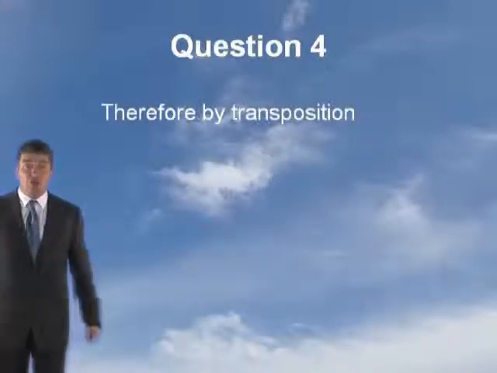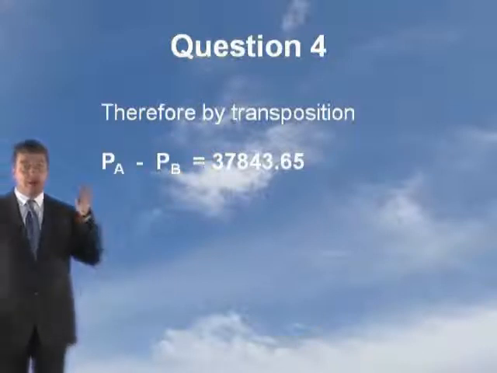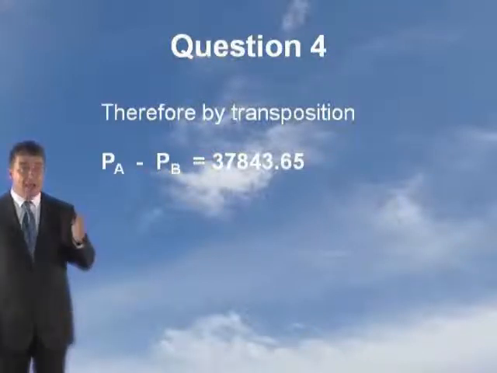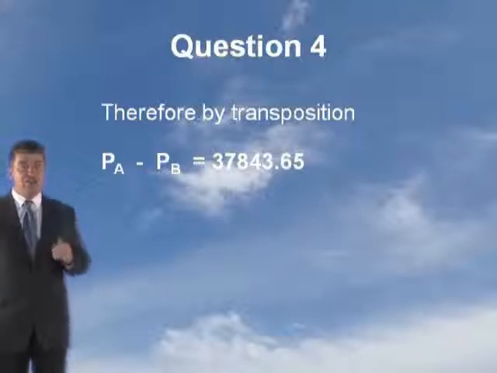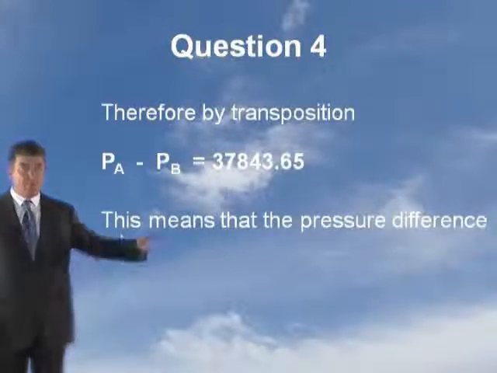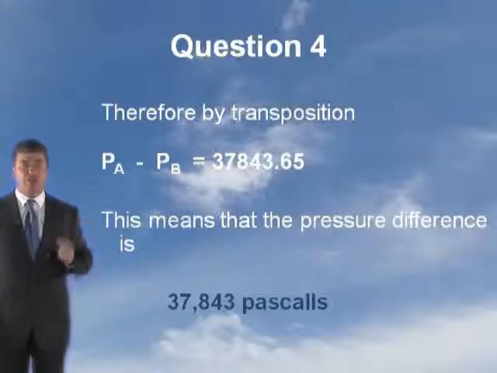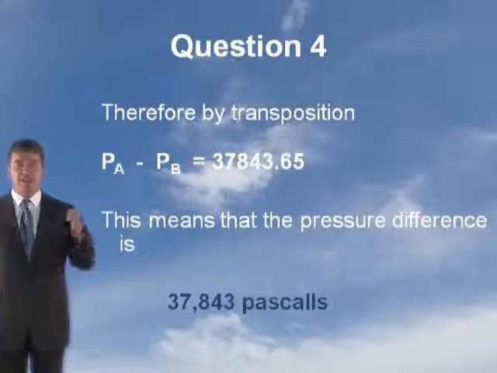Again, transposing, take away PB from both, it gives you PA, the pressure at A, minus the pressure at B equals 37,843.65. What's the pressure difference? Well, that is the pressure difference. The pressure difference between PA and PB equals 37,843 pascals.